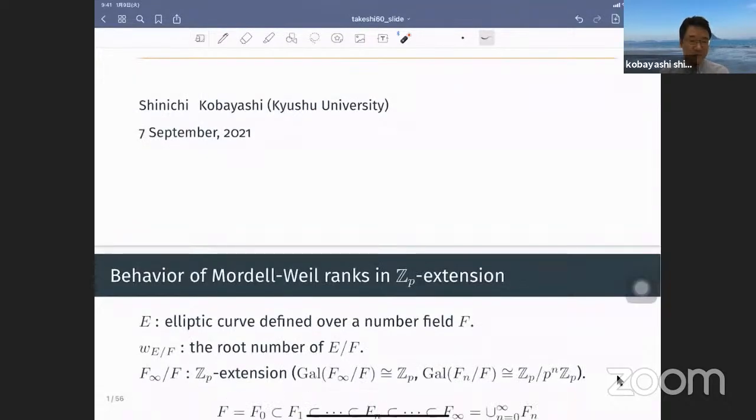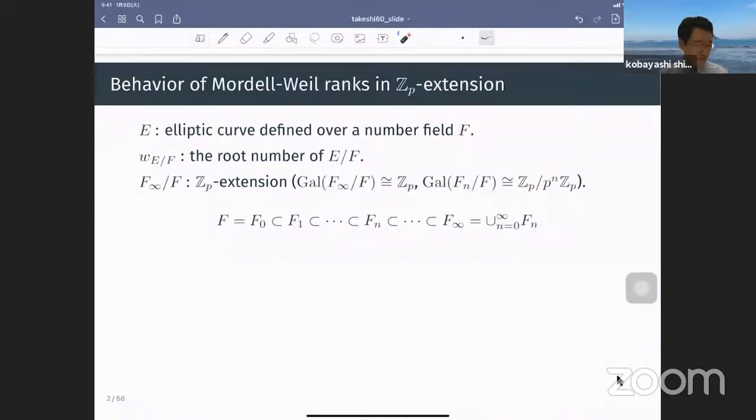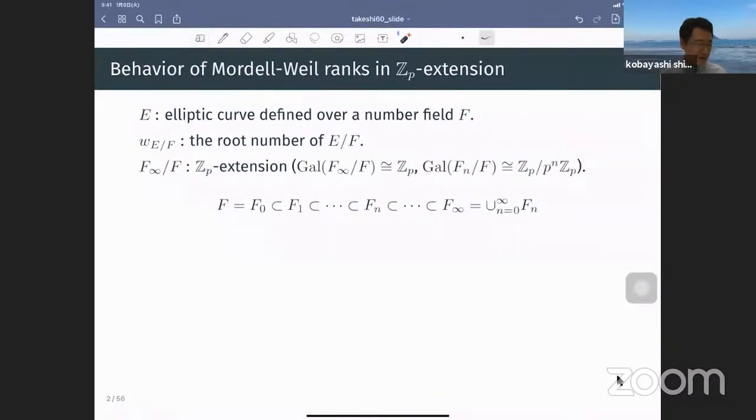I suppose there are not many specialists of Iwasawa theory here, so let me start from the behavior of Mordell-Weil ranks in Z_p-extensions. Let E be an elliptic curve defined over a number field F, and W_E over F is the root number of E over F, the sign of the functional equation.